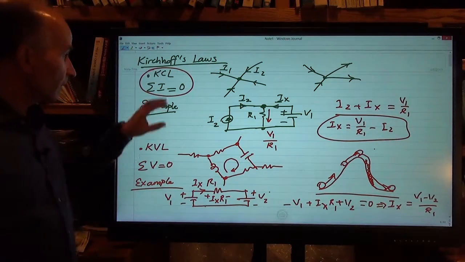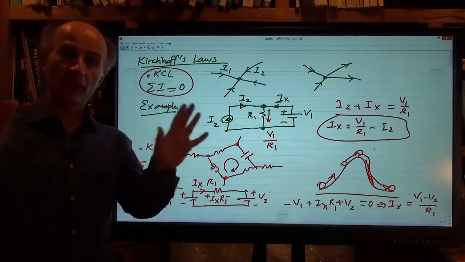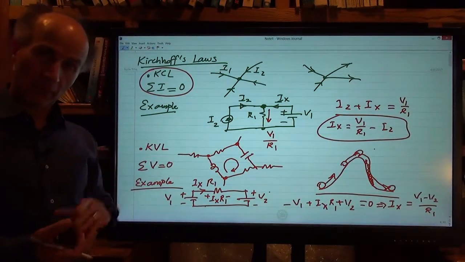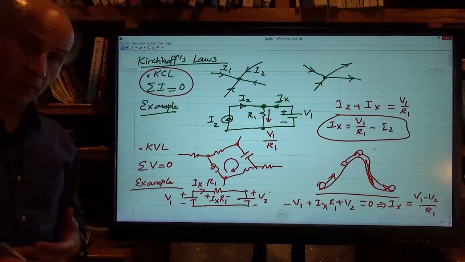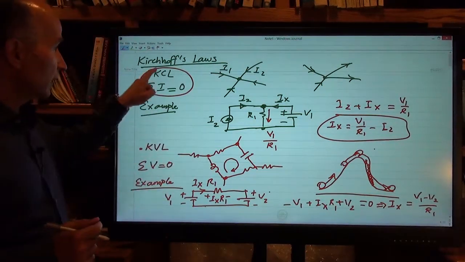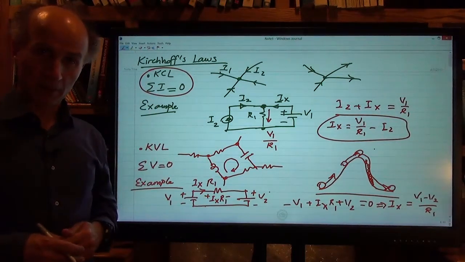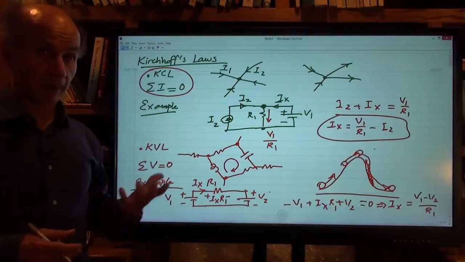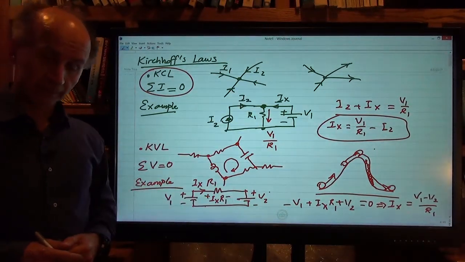The combination of KCL and KVL allows us to solve any circuit under any conditions. These two suffice. We have other methods of solving circuits, but you don't even need to know those. As long as you have these two, you can solve any circuit under any condition. So they are very powerful because they're based on fundamentals: conservation of charge, conservation of energy.